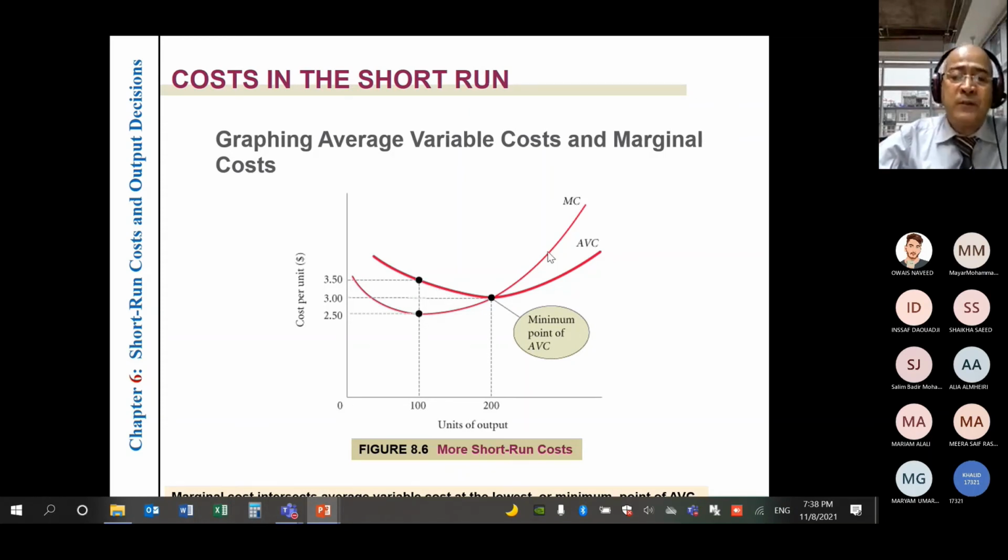If he got a mark more than 5, the average will increase. The rising portion of marginal cost will cut the minimum point of average variable cost.